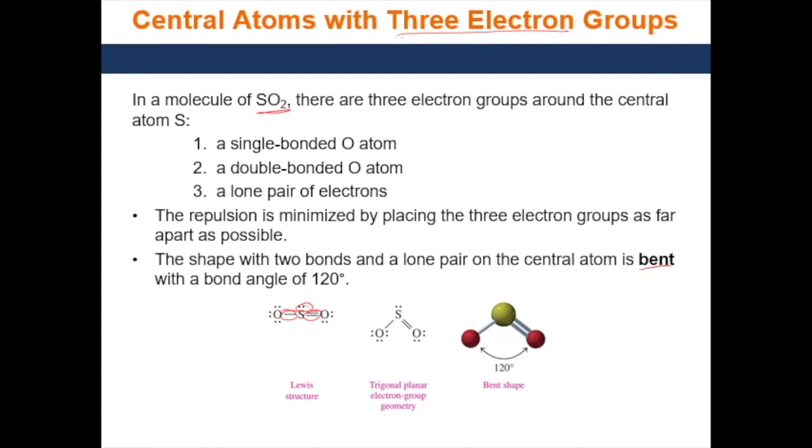The structure is called bent. The angle is still about 120 degrees, but the structure is now bent instead of trigonal planar. So this happens when there are 3 electron groups and at least one of those is a lone pair. Whenever there is a lone pair present, the structure becomes a little bit different. Most of the time it is called a bent structure.